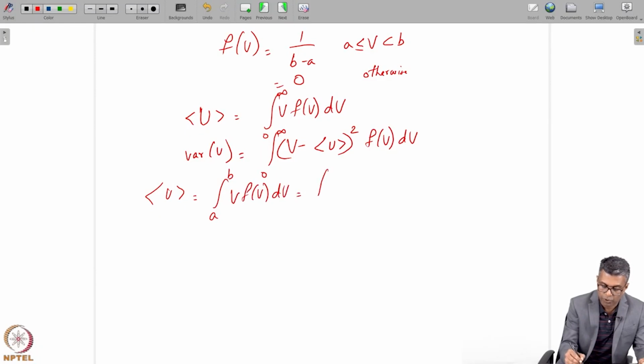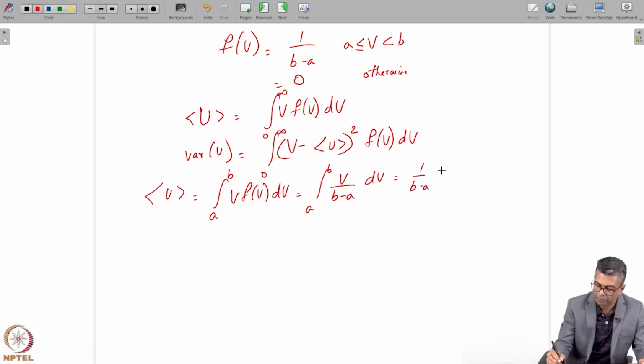So that would be equal to the integral from a to b of v over b minus a dv. So that would be v squared over 2. 1 over b minus a times v squared over 2 going from a to b.